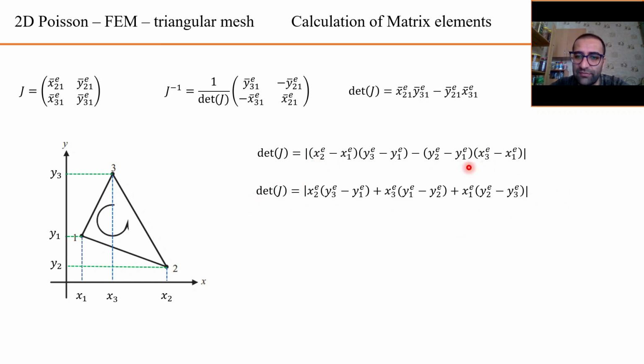This is a familiar equation that gives us the area of a triangle. When we have the coordinates of a triangle, this is 2 times the area of the triangle. Or in other words, the determinant of the Jacobian matrix is always 2 times the area of the element.